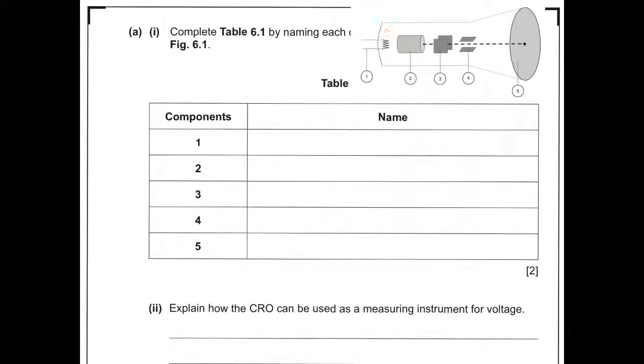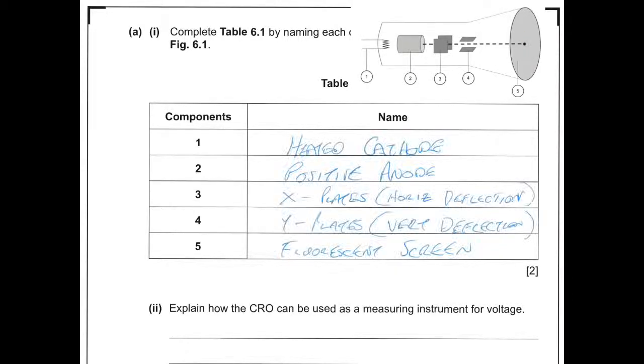So heated cathode, positive anode, X plates or horizontal deflection plates, Y plates or vertical deflection plates, and some kind of fluorescent screen.